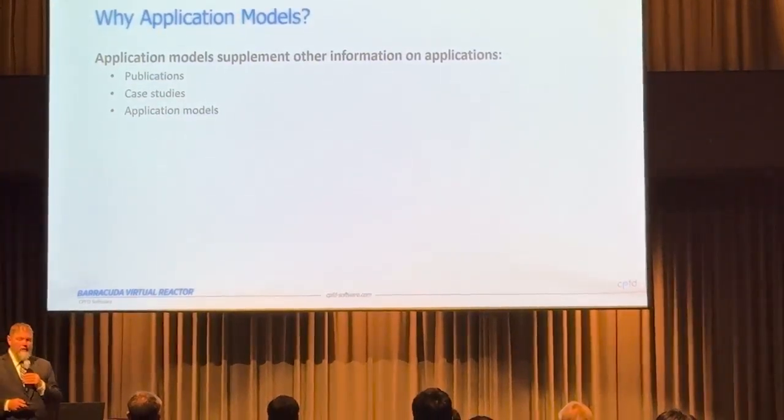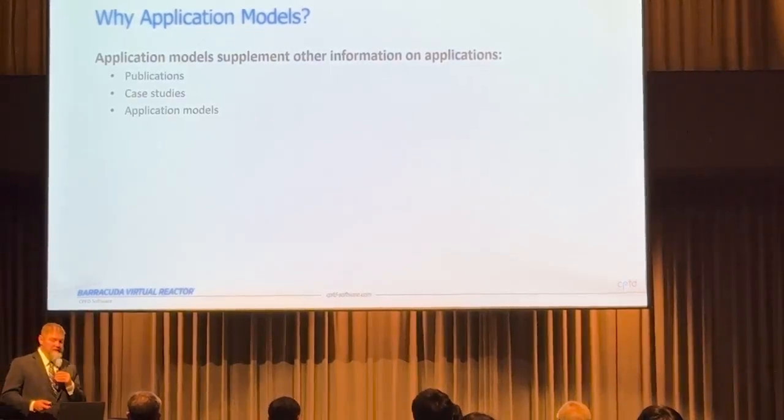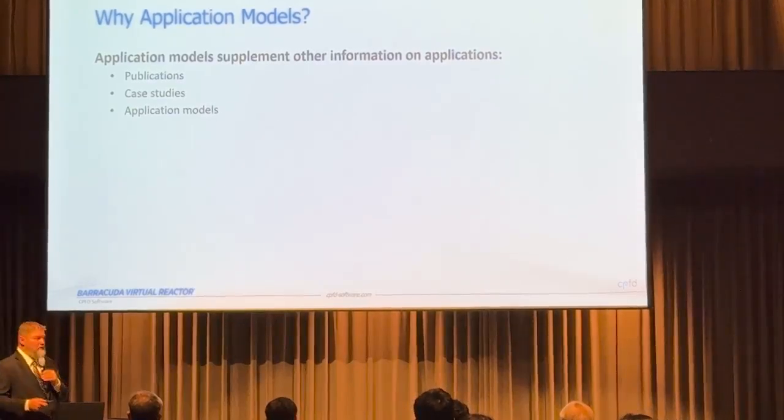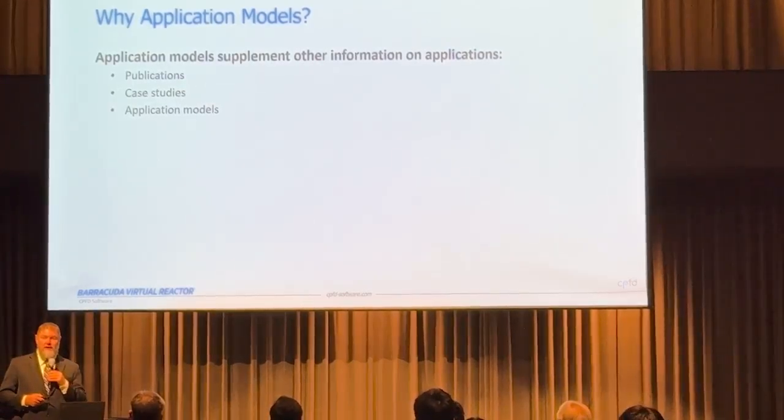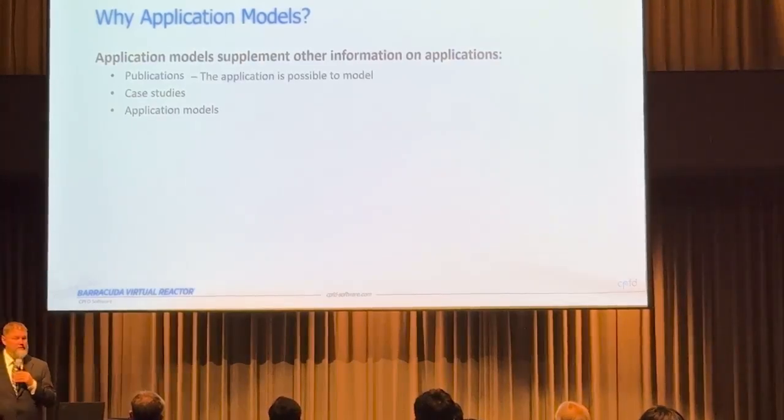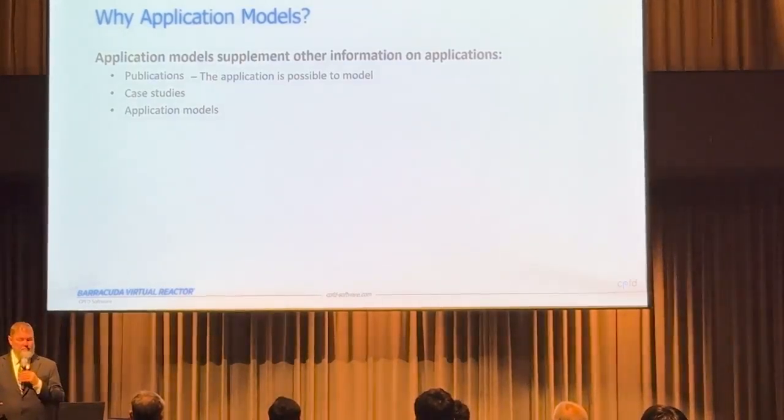I want to briefly discuss the purpose of these application models and how they fit with other things. First of all, these don't replace publications or case studies. They augment them. A publication typically shows somebody can do the case. There's a paper that says, yes, this can be modeled, and here's a case where I model something.